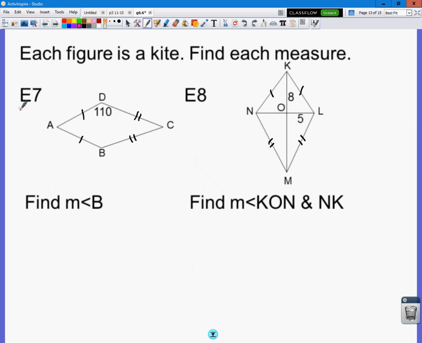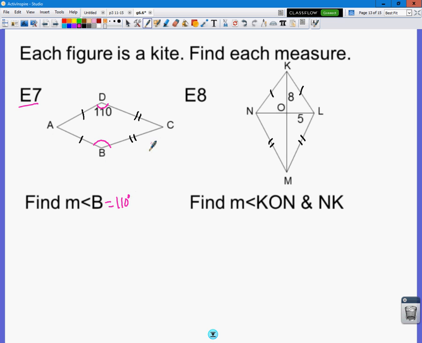Okay. Example 7, they did not mark which sides were congruent for this to be a kite. So AD and AB have to be marked as being congruent. DC and BC need to be marked as being congruent. And they asked me to find the measure of angle B. If angle D is 110, angle B is also what? 110.